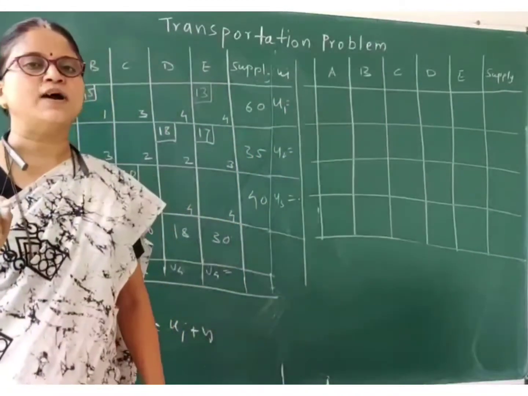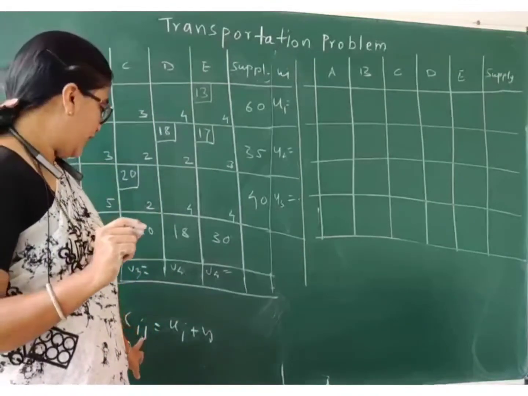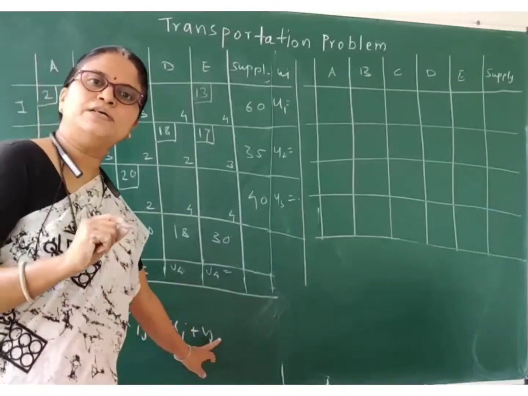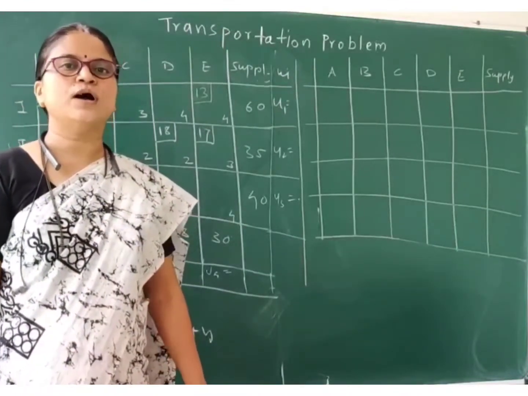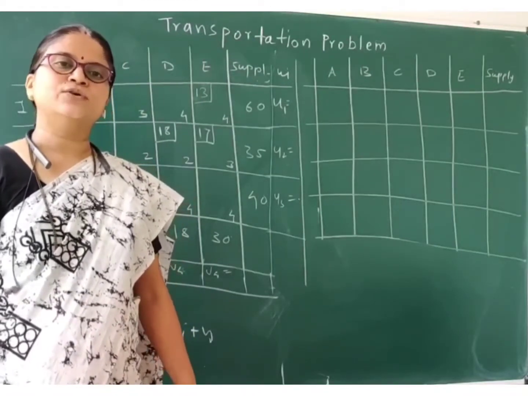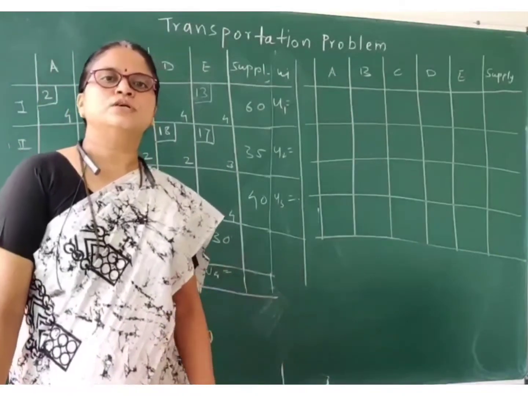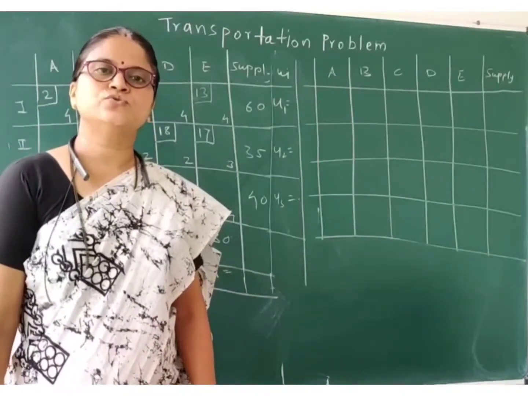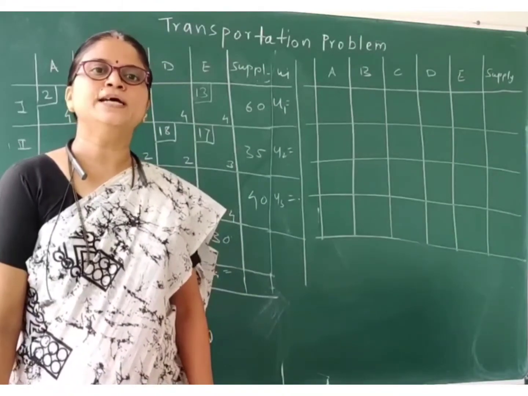To calculate the values of Ui and Vj, we have the formula Cij is equal to Ui plus Vj. Over here, we can take any value of Ui or Vj as 0 so that we can calculate all the remaining values. To choose, we take the row or column with maximum possible occupied space.